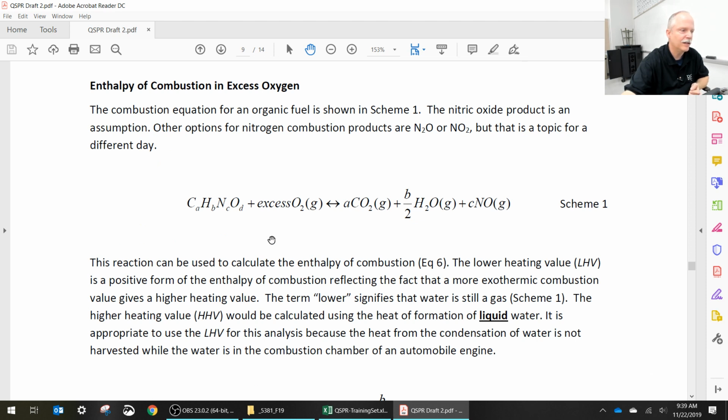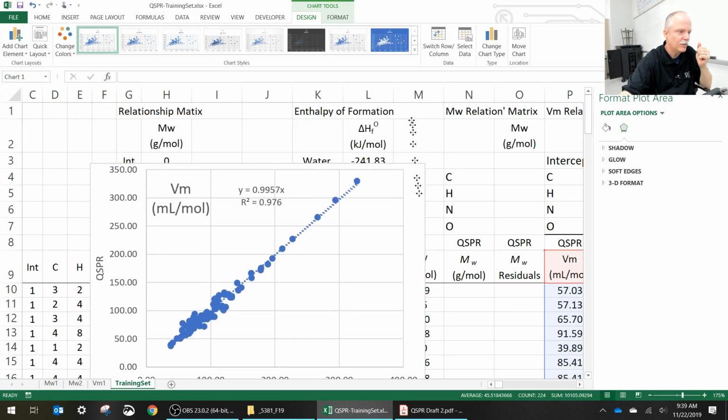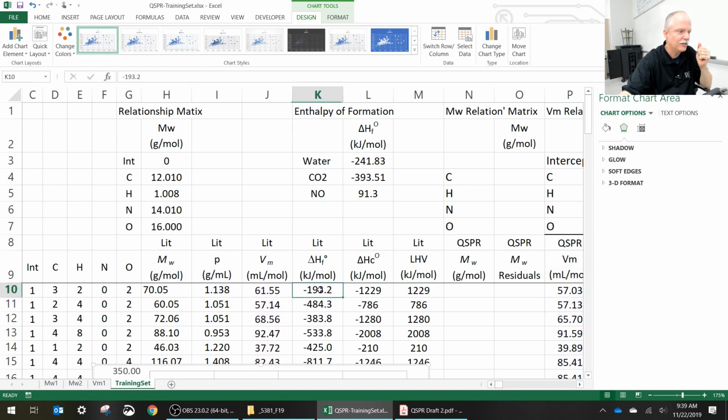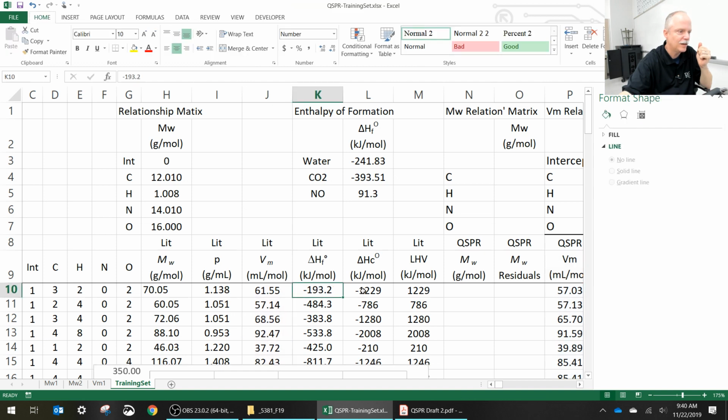If we have the delta H of formation for these compounds, and the delta H of formation for CO2, water, and NO, we can compute the combustion enthalpy. That's what I've done in this spreadsheet to give you this column right here. I've got the literature values for delta H of formation, and I've calculated the heat of combustion. So go to the paper that you've got for learning the differences between these columns and how that was implemented.